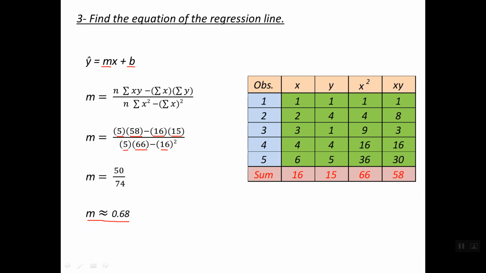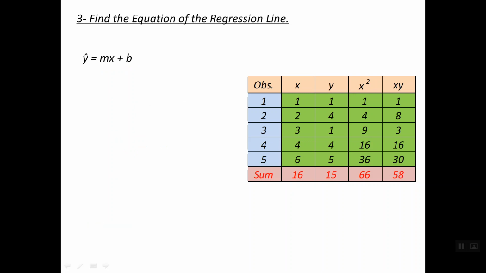Now we can compute the value of b, because computing b depends on knowing the value of m. This is the formula to compute b, the y-intercept: the sum of y minus m times the sum of x, all divided by n. This is the sum of y, it's 15.